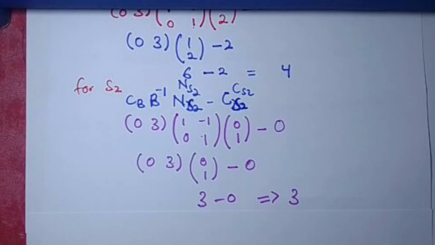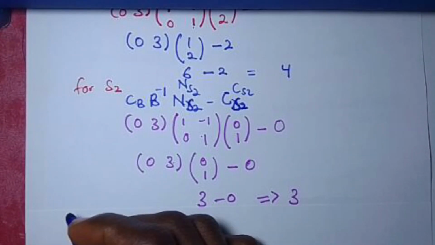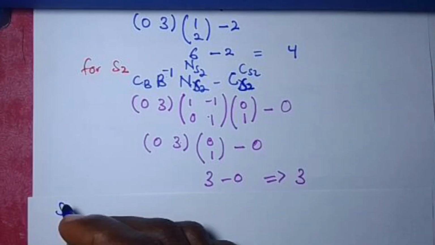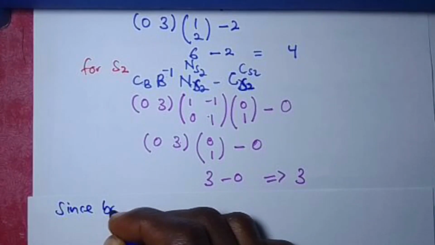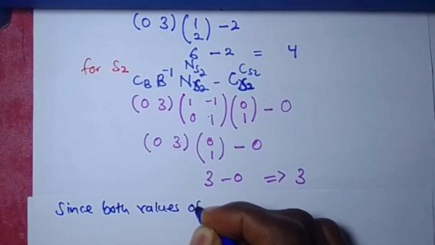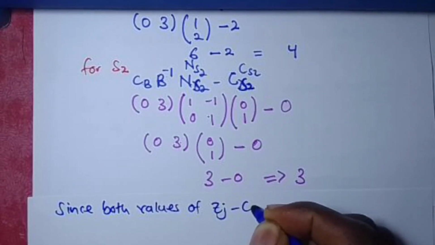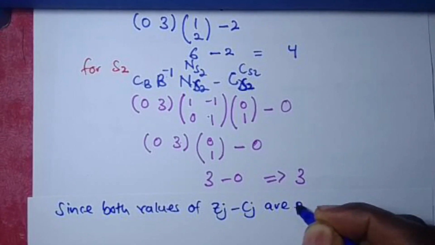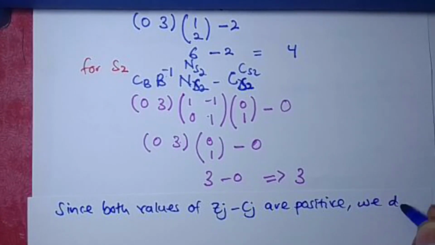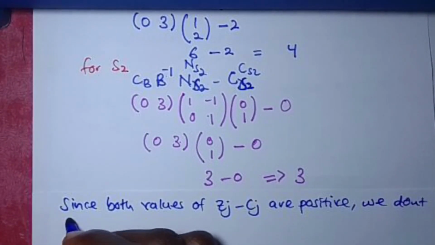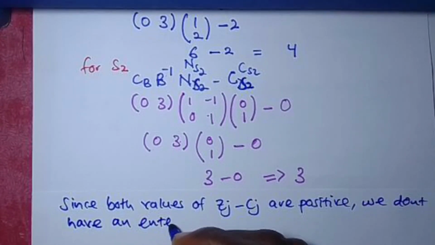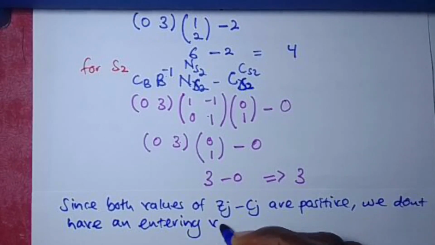Since both of them are positive, let me write it just for the sake of those doing notes. Since both values of zj minus cj are positive, we don't have any entering variable.